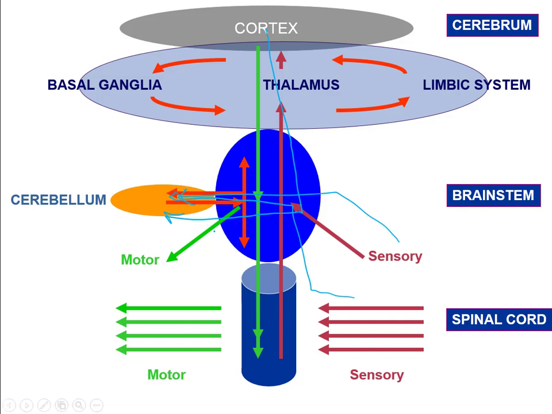And where have we seen its outputs go? Two big categories. Yeah, it's got ascending and descending. And it's going to ascend through what peduncle? Superior, and descend through inferior. And what's the output in the middle? None. Okay?